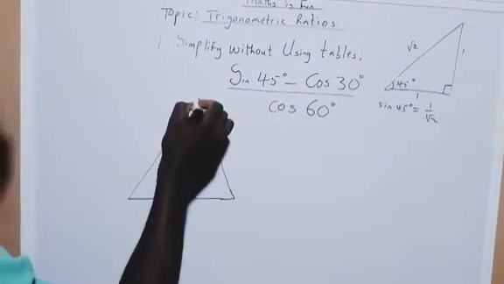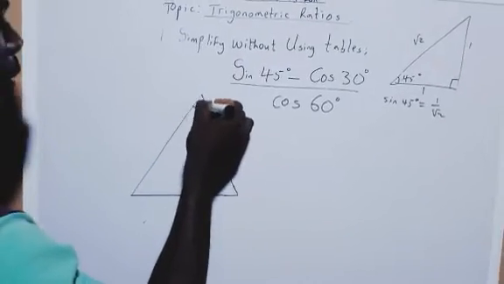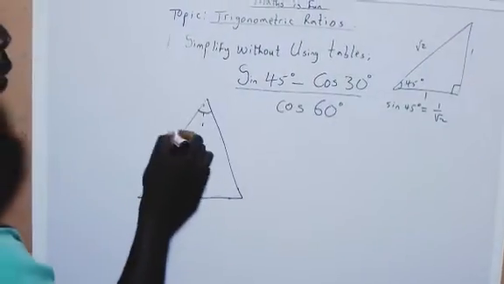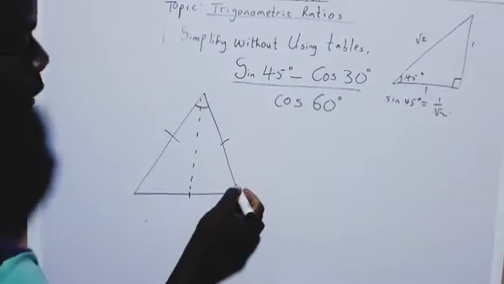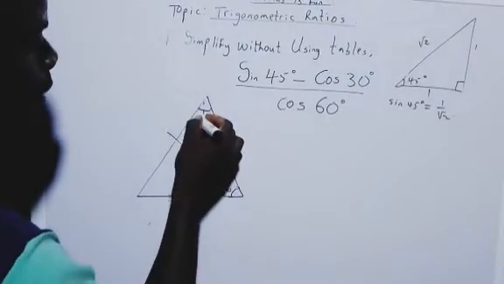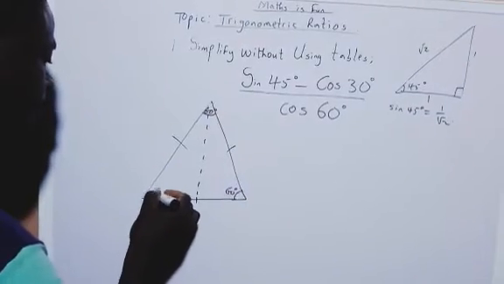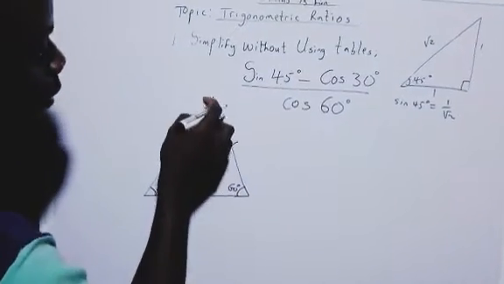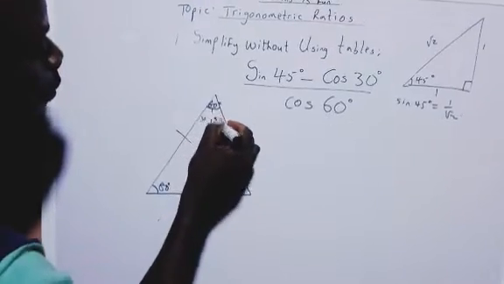So what is an equilateral triangle? Remember, one of the properties is all sides are equal. If we have 60 here, here is 60 degrees, and here is also 60 degrees. So don't forget, this has been divided by 2. So we can have 30 degrees, 30 degrees.